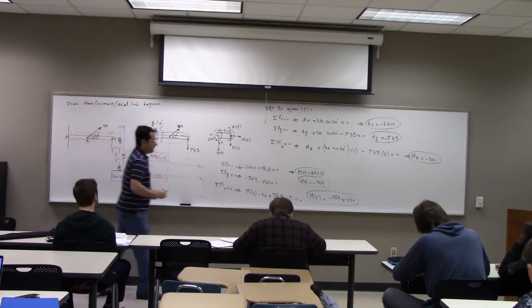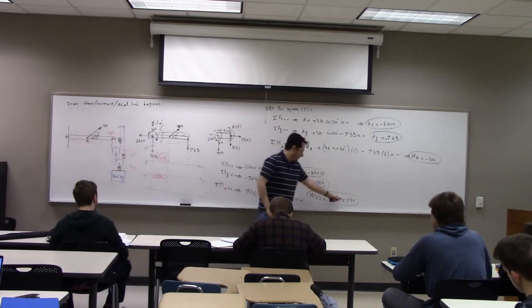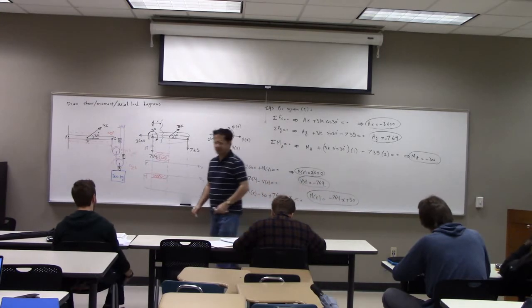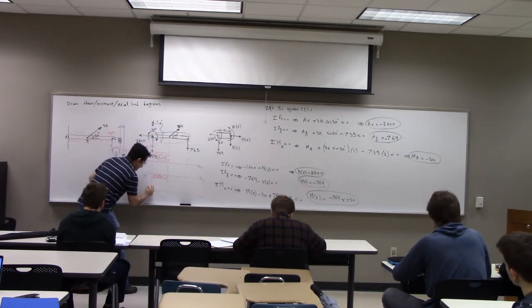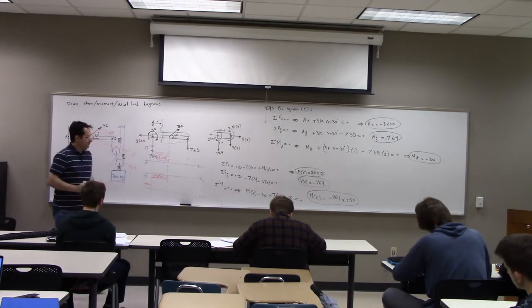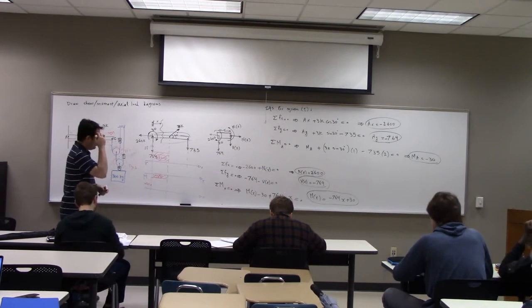So if I want to draw that, what do I get at x equals 0? Positive 30. Positive 30. What do I get at x equal to 1?